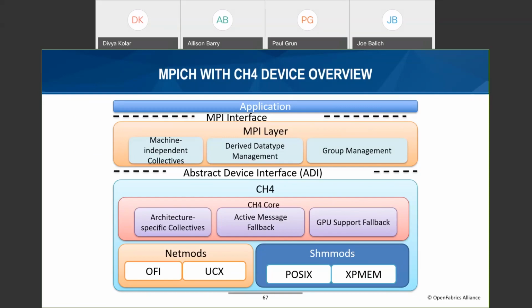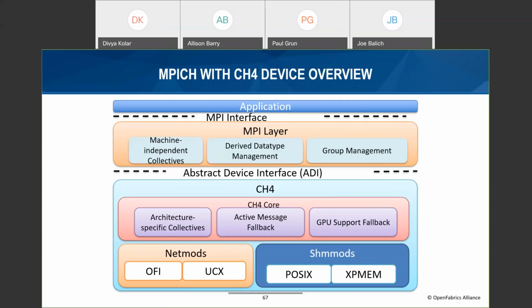All the heavy lifting happens below this abstract device interface, in the CH4 device. We have a CH4 core that handles some of our architecture specific collectives, and we have active message fallback and GPU support.